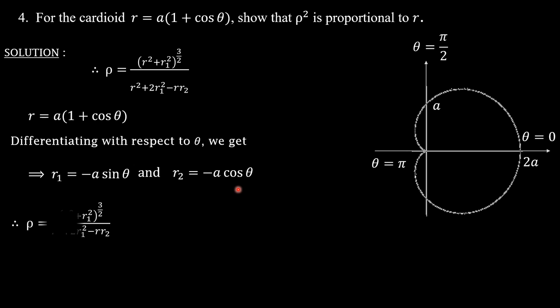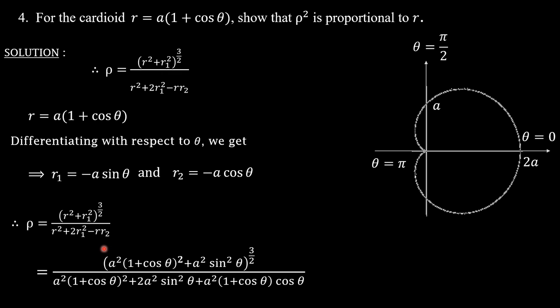Now just substitute it in the formula, (r square plus r1 square) to the power 3 by 2 divided by (r square plus 2 r1 square minus r2). So substituting, r is nothing but a into (1 plus cos theta).